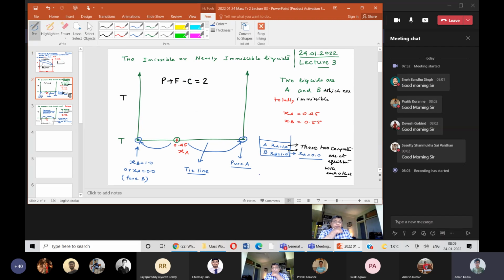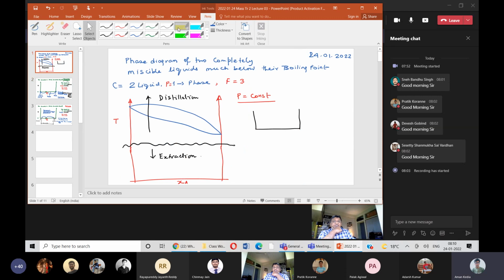Clear to everyone? Now we move on to two immiscible liquids, right? The previous discussion is clear to everyone? Apparently silly discussion, but it's not that silly after all. This division actually is very, very important. It's essentially the same phase diagram, right? But for extraction, you are looking into this part of the phase diagram. And for distillation, you are looking into this part of the phase diagram.